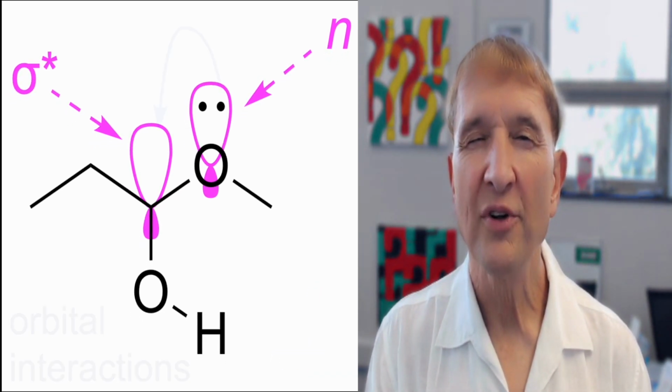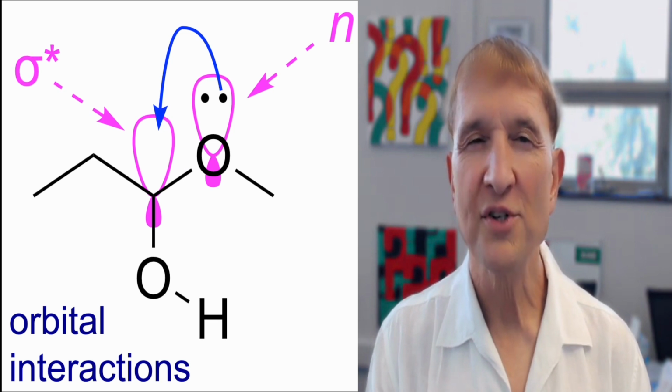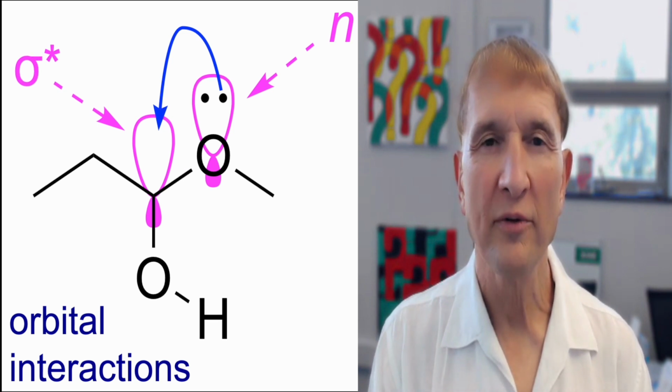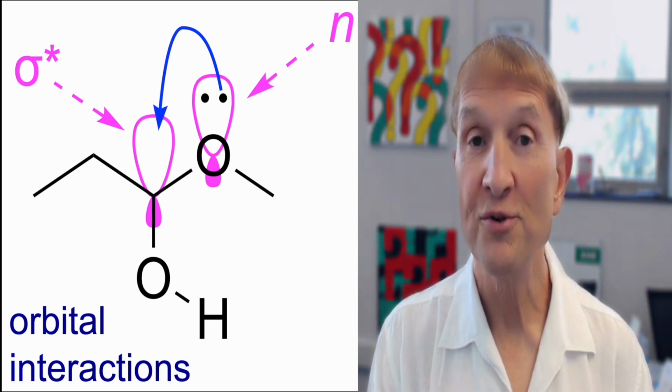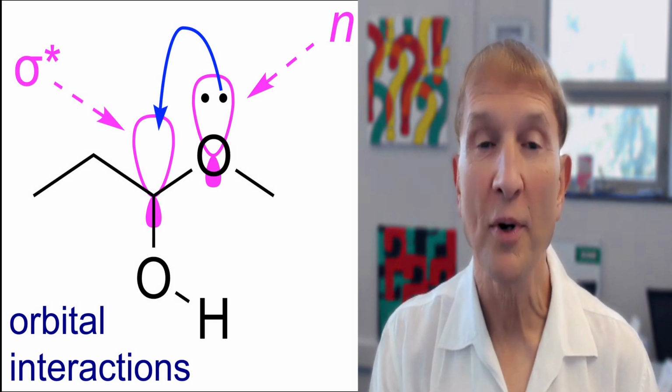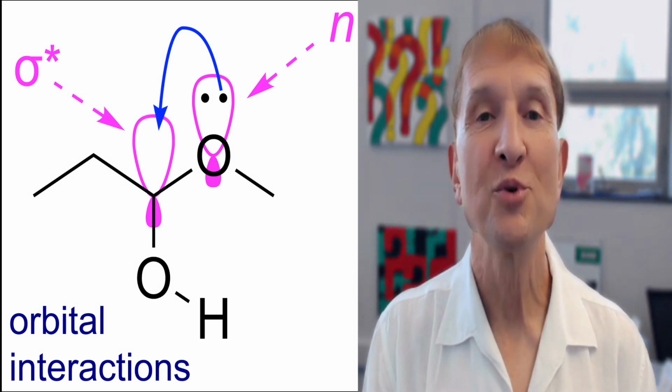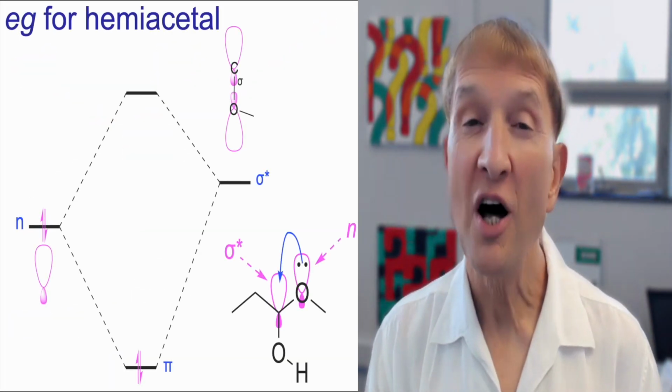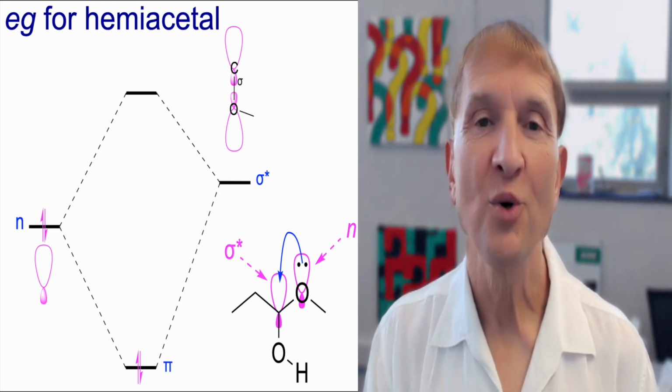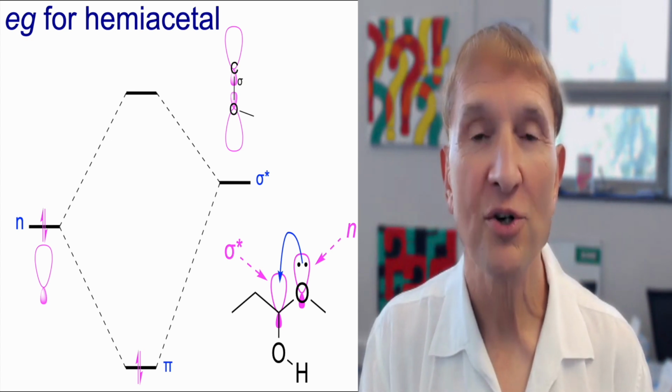You can feel those electrons from one oxygen filling up the LUMO of the other. And as they do, of course, when you put electron density in the LUMO, the bond becomes weaker. But the bond can't quite break until we protonate that second oxygen.